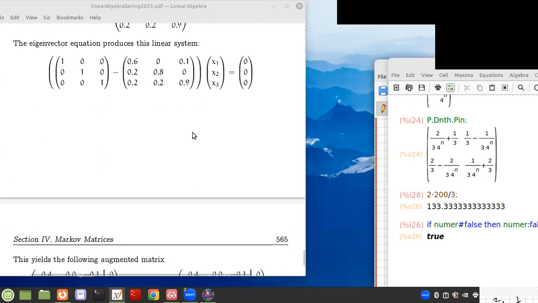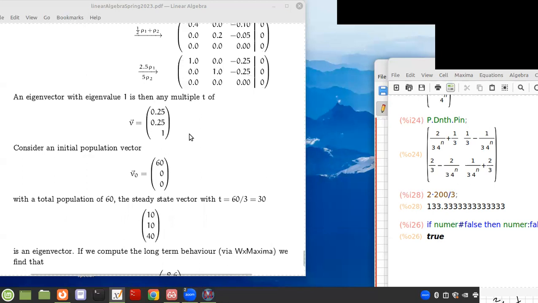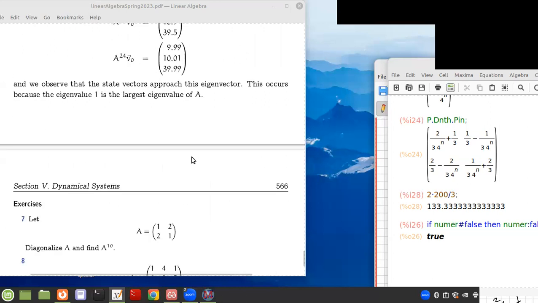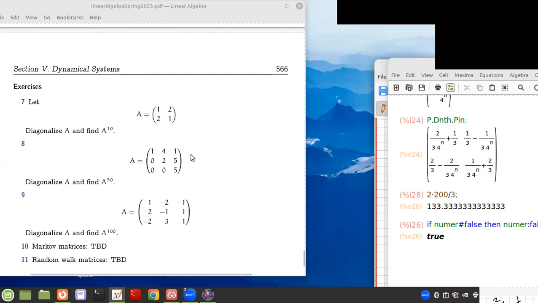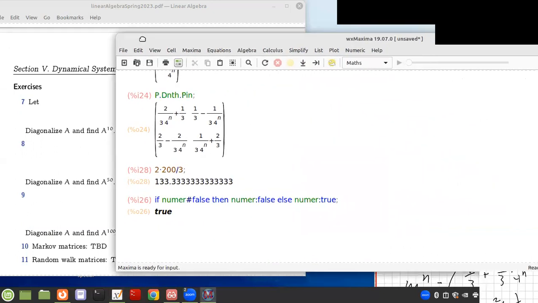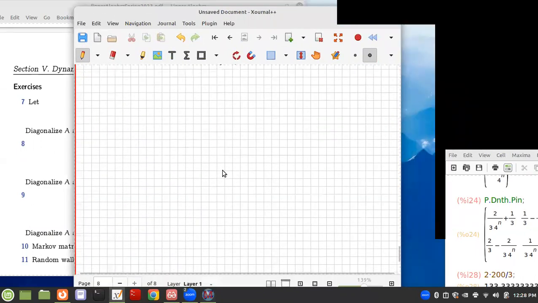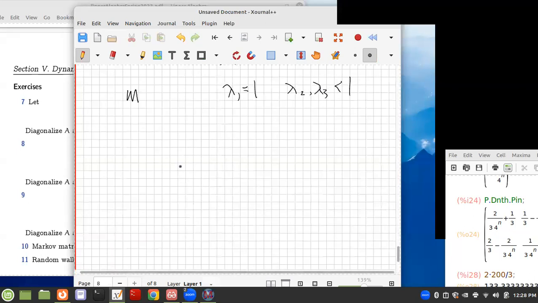Okay, so what you can do is, let's see, you can go through and find this. Here's maybe the story that one can tell. Let's say that you had a matrix M and its largest eigenvalue was 1, and all the other ones were less than 1, right?